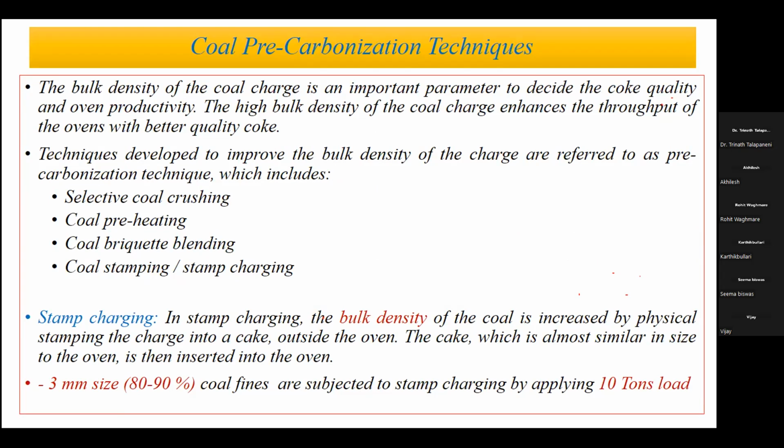Coal precarbonization techniques. So the bulk density is a property which is very important, which decides the coke quality and the coke productivity. High bulk density of the coal charge enhances the throughput of the oven with better quality of coke.